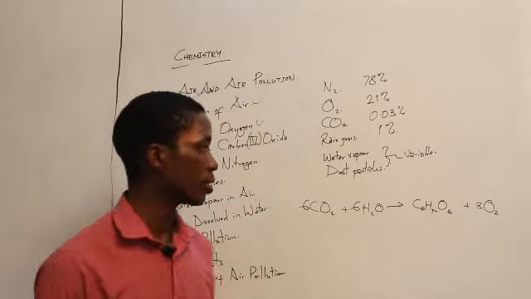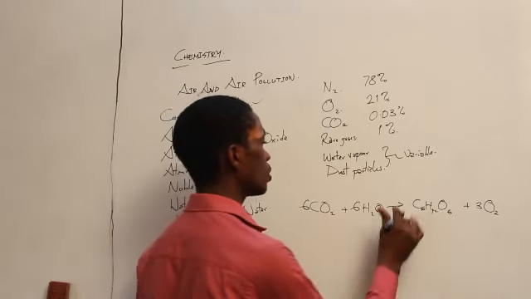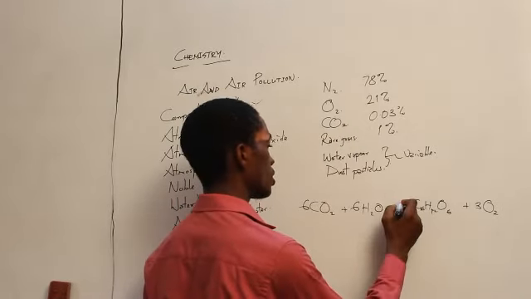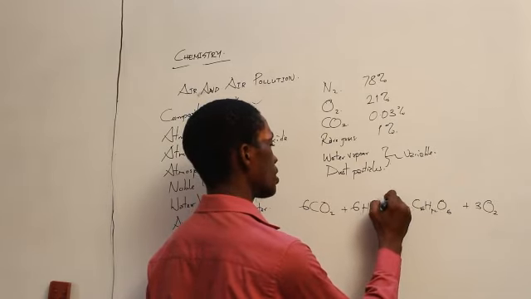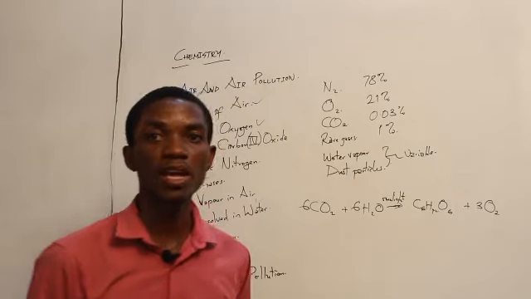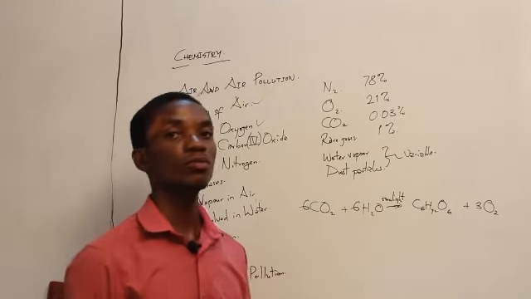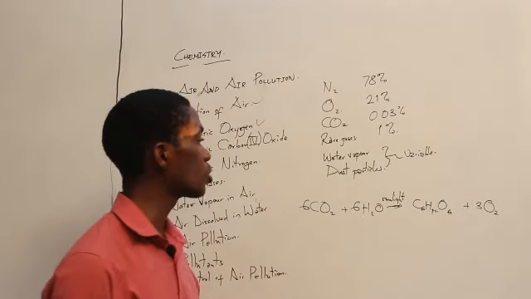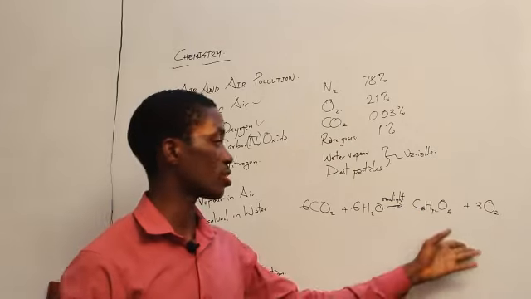So that is the chemical equation for photosynthesis, which happens in the presence of sunlight. So green plants use carbon dioxide to produce their food, which we eat, that's sugar.